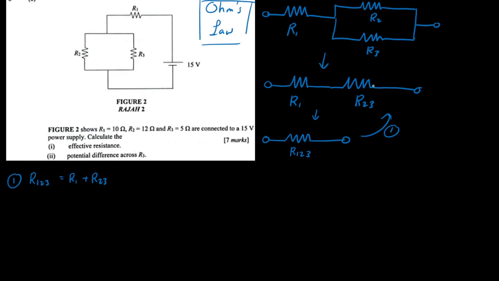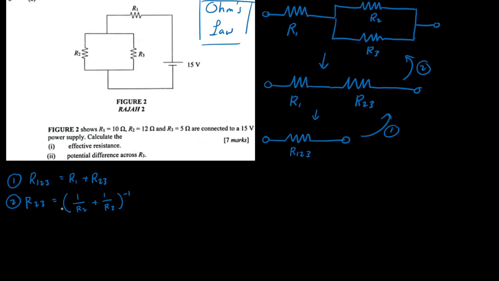If you go back again another step from R23 to this one, so this is the second step, you can have R23, because they're in parallel. I can immediately say that it's going to be 1 over R2 plus 1 over R3, and then the inverse of that.